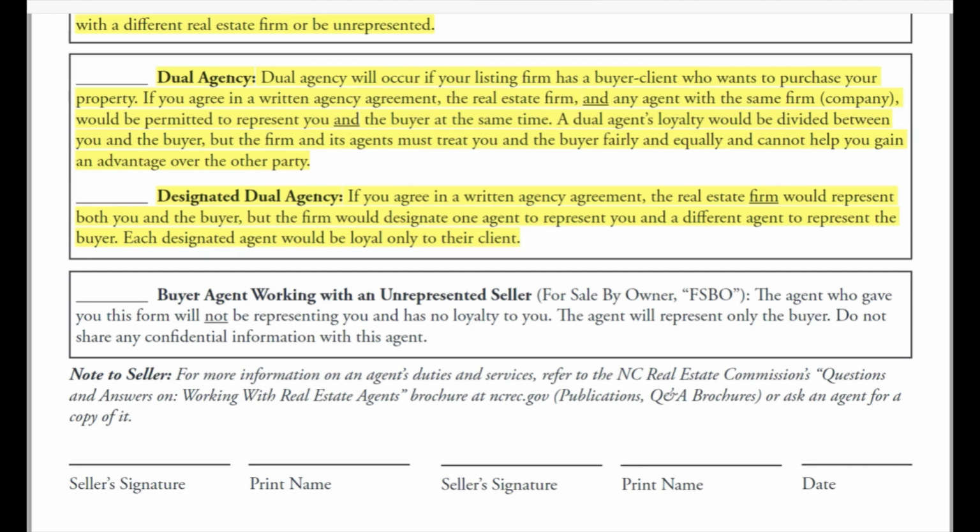Now, with that being said, if another realtor in the firm knows any pertinent information has been shared with them, they cannot be the opposite cross sale in this transaction. We would have to find someone else that has no knowledge of anything about this actual client or any pertinent information about them within the firm.